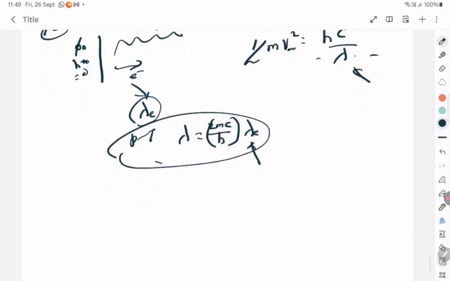You know how to calculate the de Broglie wavelength. A de Broglie wavelength lambda e is always calculated by h divided by mass of the electron into velocity of the electron.